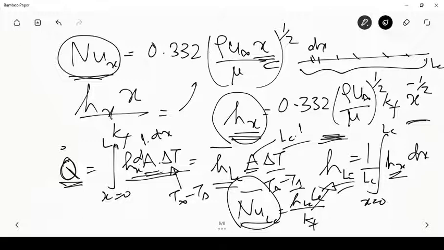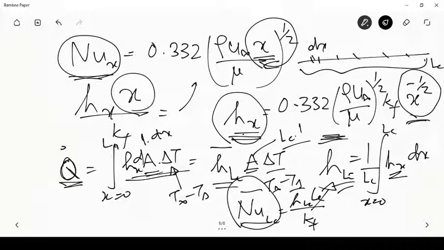And you see that the Nusselt number has an x to the power of half variation, and the heat transfer coefficient has an x to the power of minus half variation, and that is because there is an x in the definition of the Nusselt number. This is something that you will need to be extremely careful about. So whenever we need to define an average heat transfer coefficient over a surface, we always integrate h and not Nusselt number. Okay, so we'll remember that when we go further.